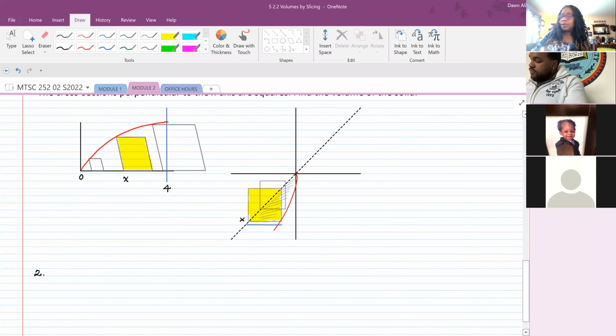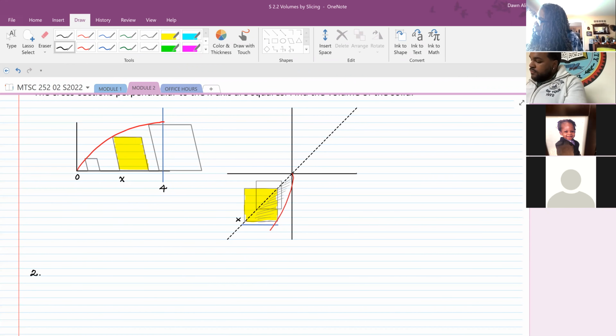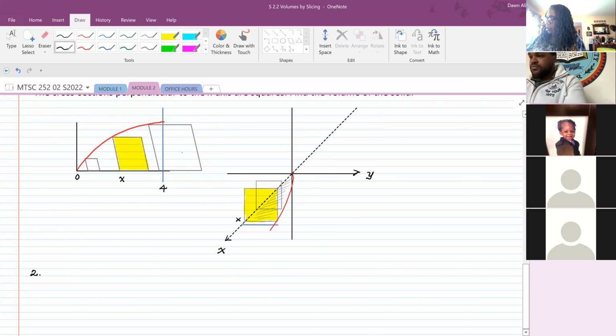In this picture, this is the y-axis, and this is the x-axis. So this picture is turned. In order for me to draw it so that the cross-sectional areas are sticking up in the air, I have to tilt the y-axis on the ground.